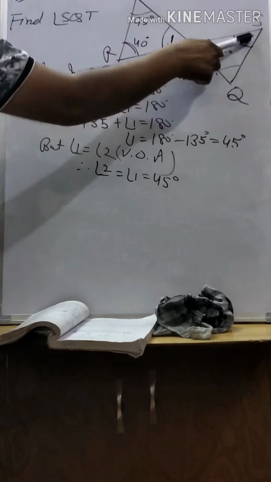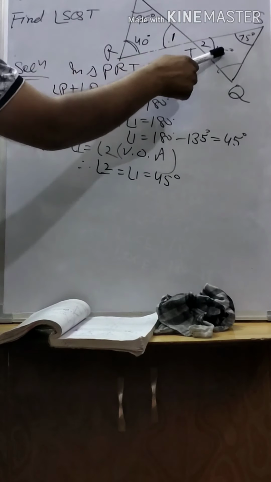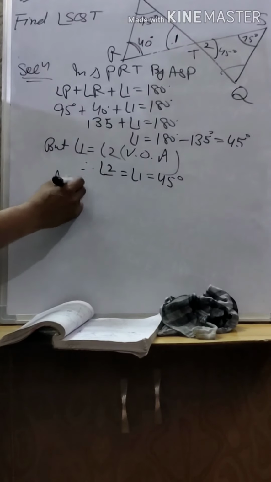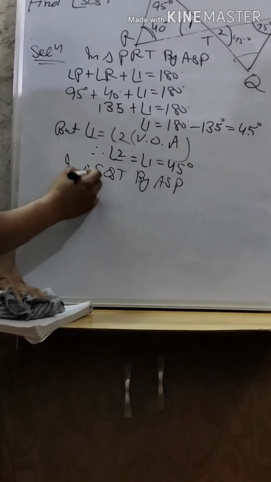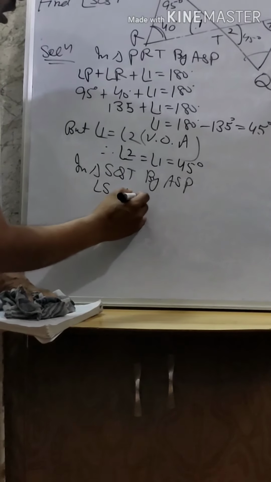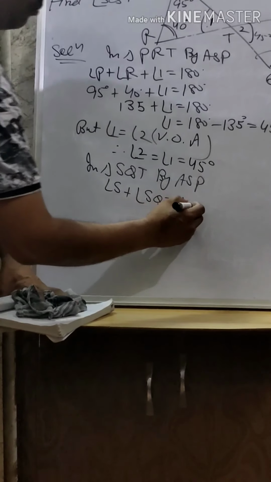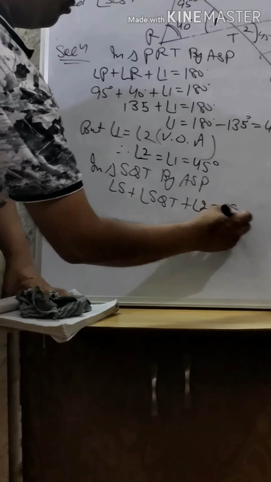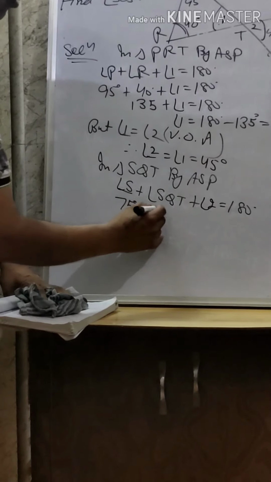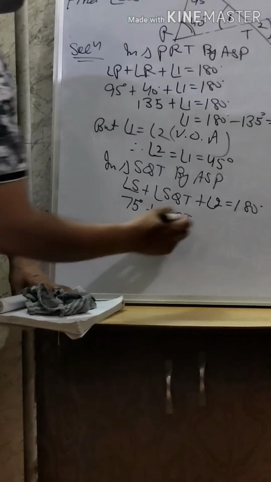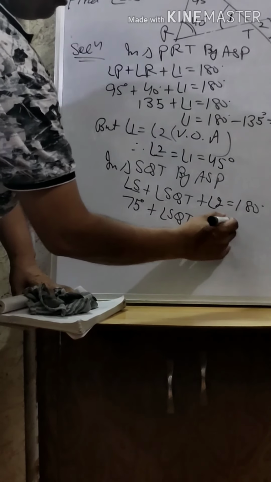So in this figure, two angles you have, and the third angle you find out by the angle sum property. So in triangle SQT, by the angle sum property, angle S plus angle SQT plus angle 2 is equal to 180 degrees. Angle S is 75 degrees. SQT you don't know, you have to find out. This is 45 degrees.